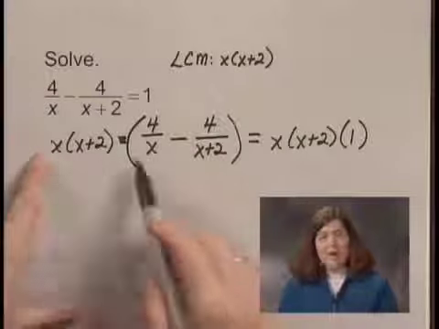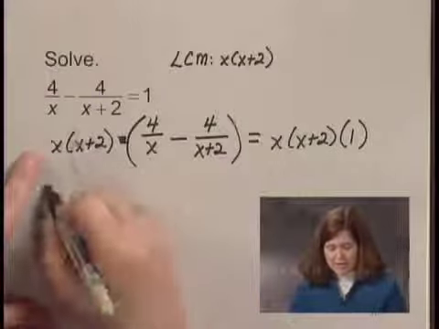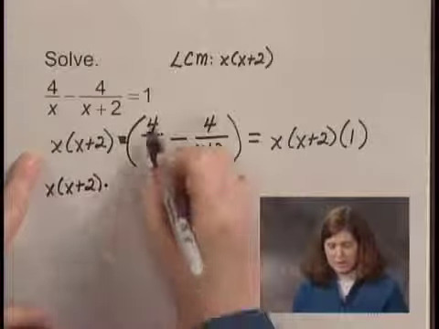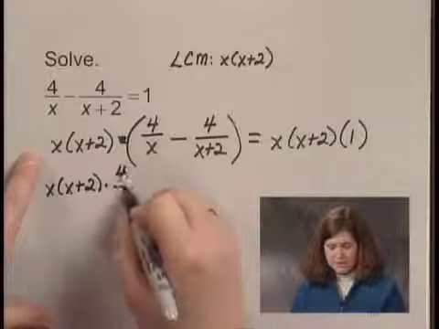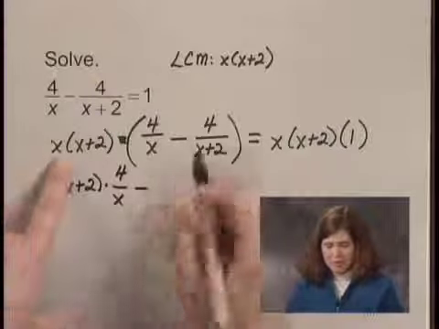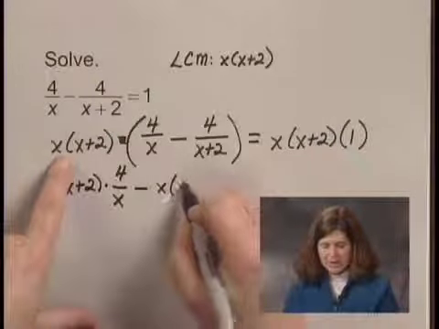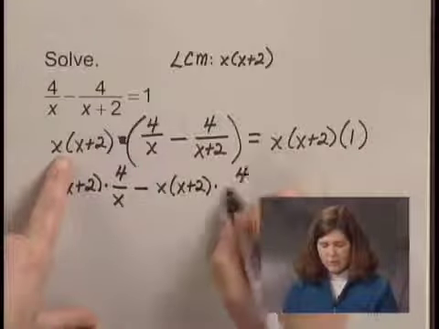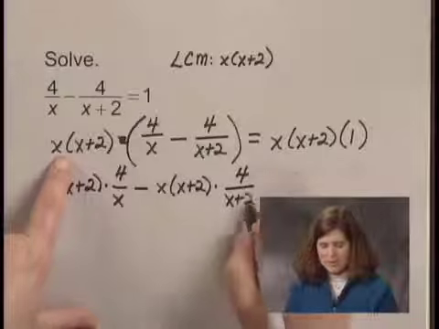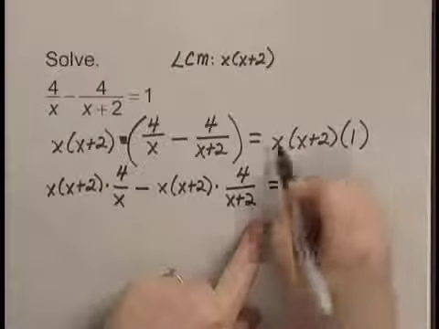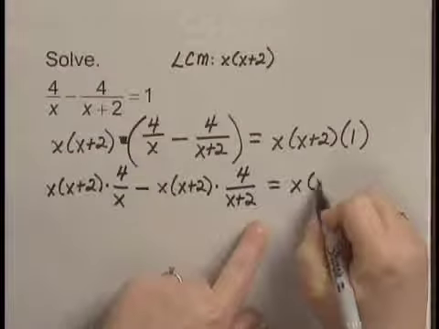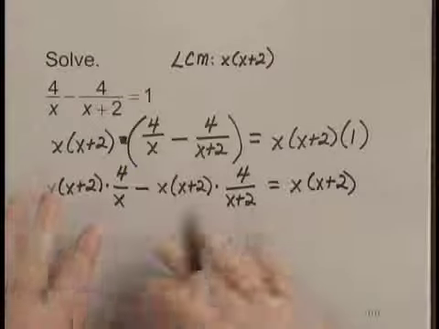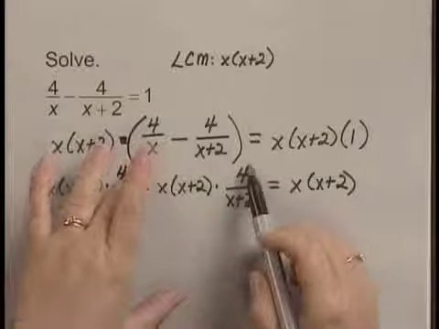Now when I multiply this, I will actually get x times x plus 2 times 4 over x minus x times x plus 2 times 4 over x plus 2, and that equals x times x plus 2 times 1. Now that I have this distributed here, I can do the multiplication.